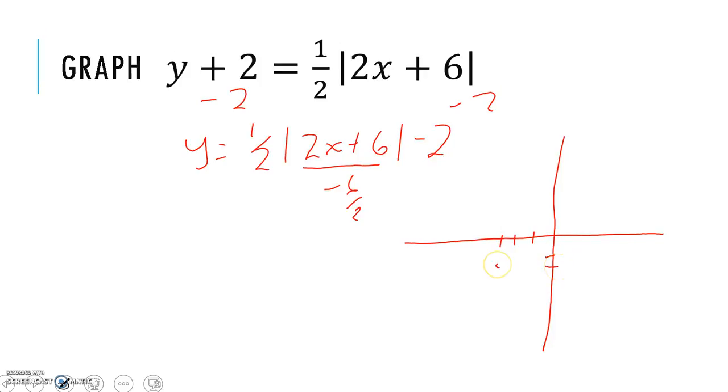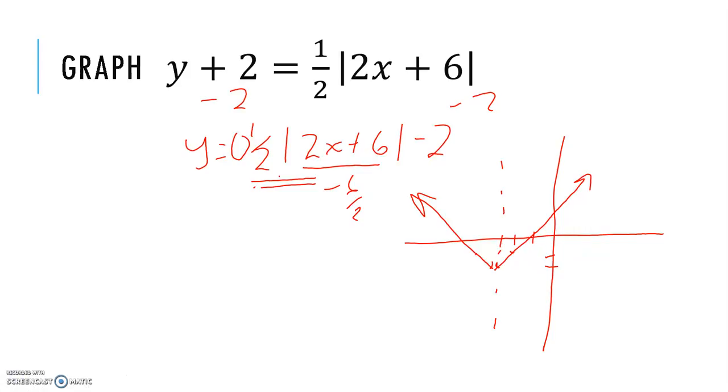So our vertex is right here. Then I know that it's going to open up because the a value is positive, and the slopes are going to be 1/2 times 2, which is +1. And so I'm going to go up 1 and over 1 in this direction, and up 1 and left 1 in this direction, and that's what my graph would look like.